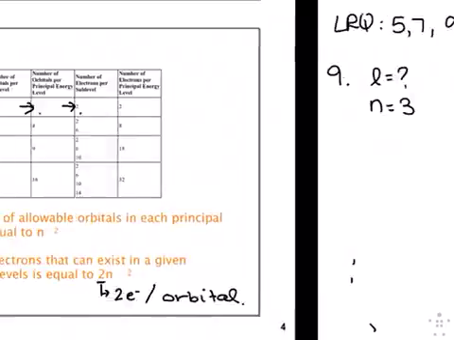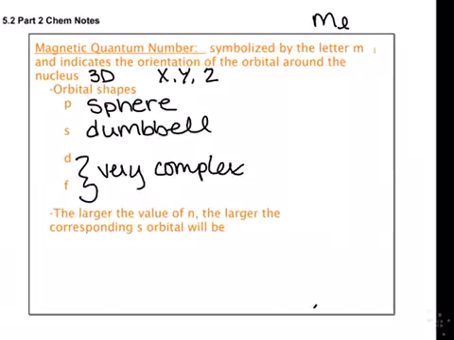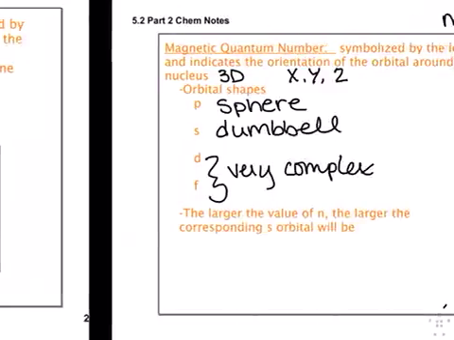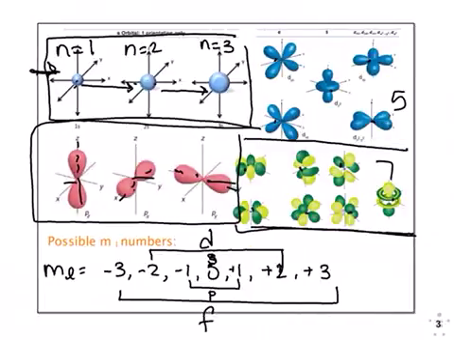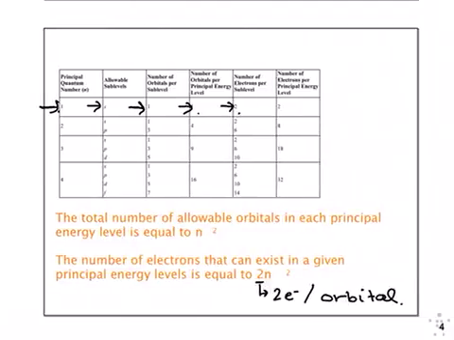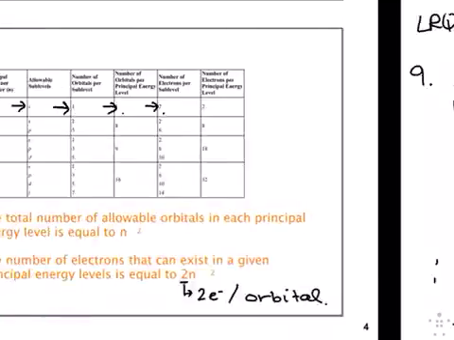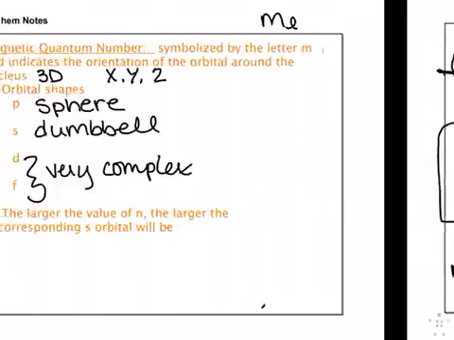If we go back to one of the very first tables here, we see that when n equals 3, the number of possible sublevels is also 3. So there are 3 possibilities, and then we need to name them.